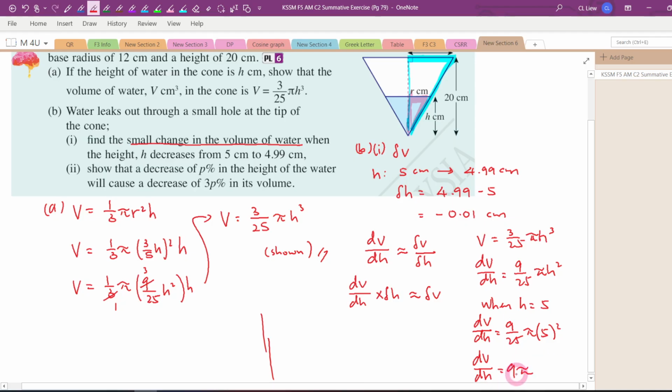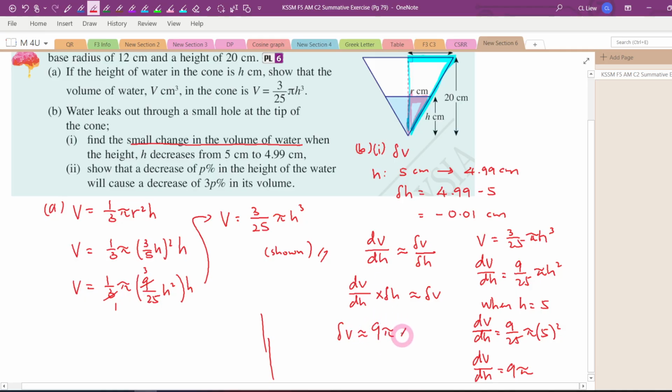Now we have the value of dV/dh, and we also have the value of delta h, which is given by the question. So we can get delta V easily. Here actually you want to write the equal sign is okay. dV/dh is equal to 9 pi. If you don't want to use the approximate sign, you can use the equal sign, it's actually acceptable.